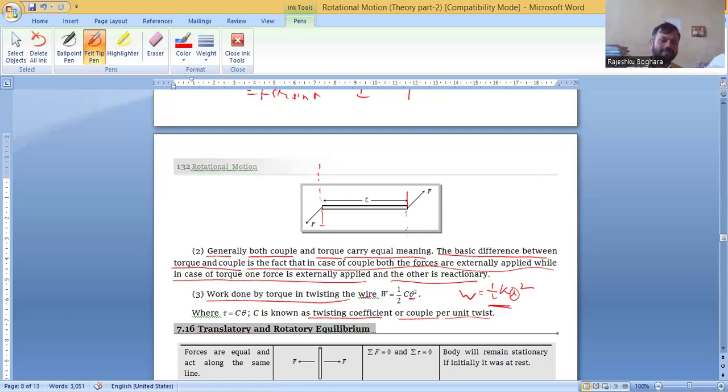Here rotational displacement means angular displacement. So the work is 1/2 C θ², but torque equals C θ. So for a spring we write force equal to K into x, and here we write torque equal to C θ.